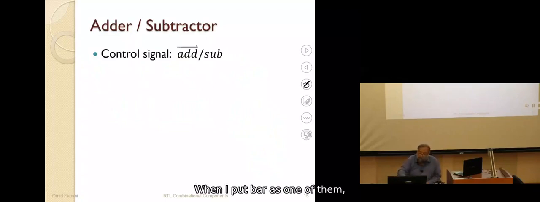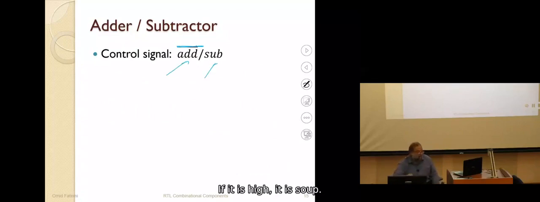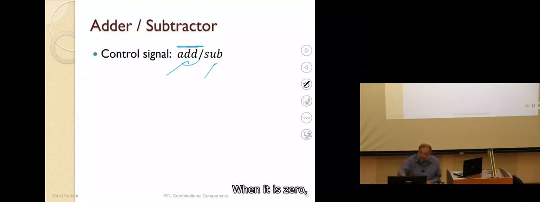When I put a bar on one of them, it means that if it is low, it is add. If it is high, it is sub. You know the representation. When you put something like add, sub, add bar, it means this control signal, when it is 0, it is add, because add had the bar.